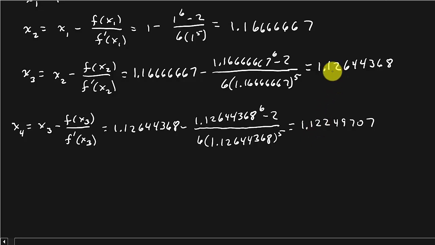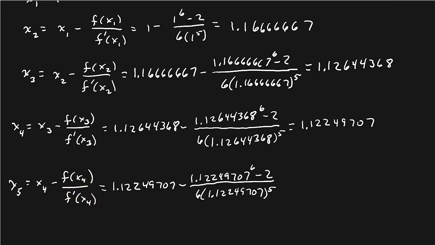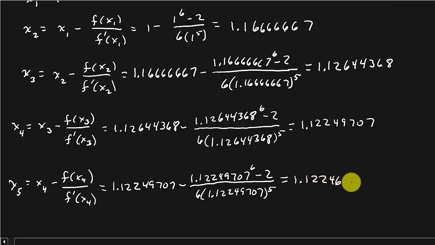And you can see here the first 2 decimal places match, but the rest don't, so we have to keep going. So I need to find x5. That's going to be x4 minus f of x4 over f prime x4. All right, so I plugged all that in, and for x5 I'm going to get 1.12246205. And you can see we're getting closer.